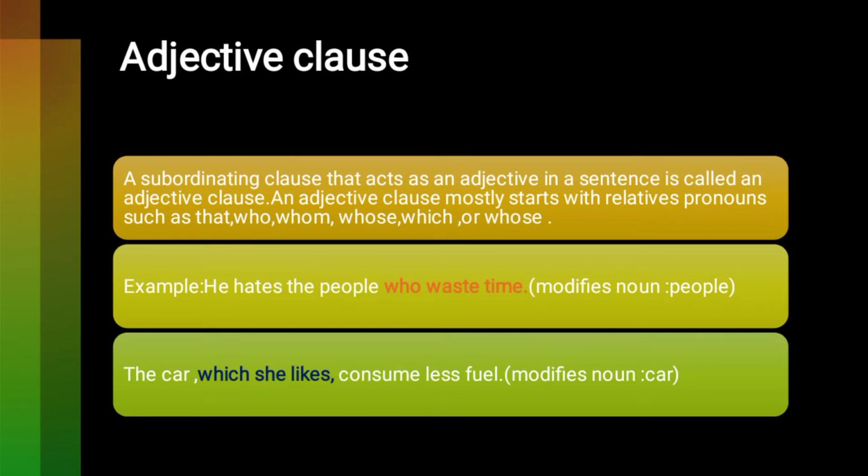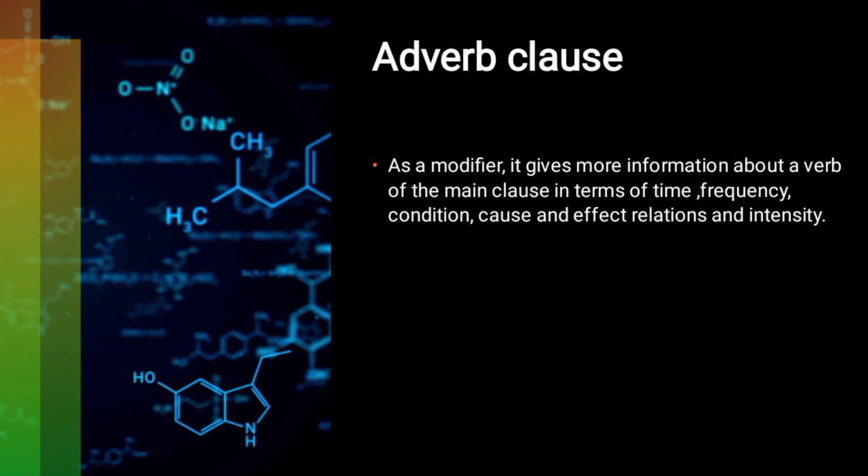Here "who waste time" acts like an adjective in the sentence and modifies the noun, that is people. In the second example, the car which he likes consumes less fuel. "Which he likes" once again acts like an adjective clause and modifies the noun, that is car.